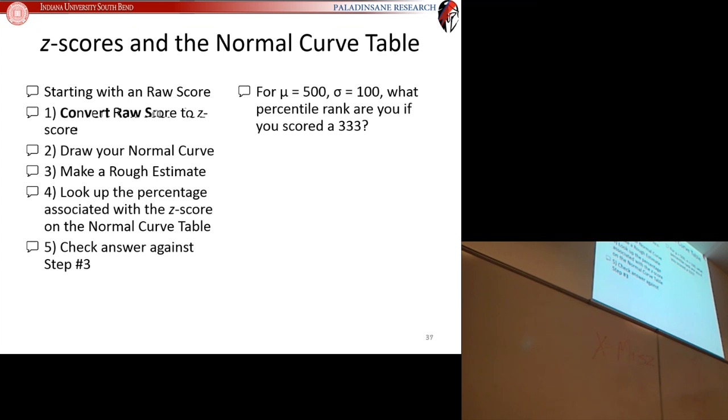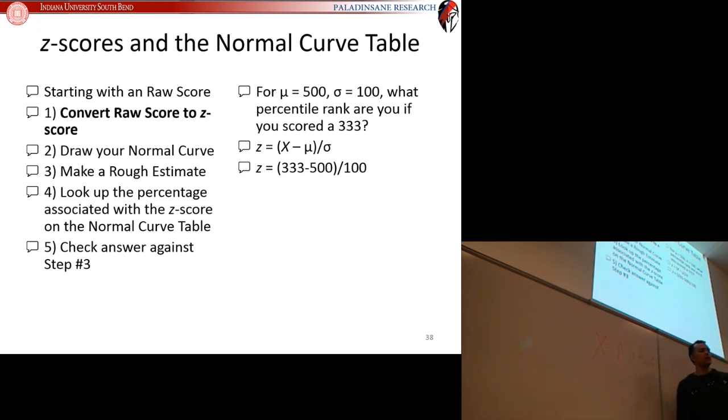So how would we calculate that out? Well, we are going to follow our 5-step procedure here. First step, we convert our raw score to a z-score. So for this, we use the formula that we've been using to calculate z-scores. We take our raw score minus the mean, all of that divided by the standard deviation. We have a raw score of 333. We got a mean of 500.